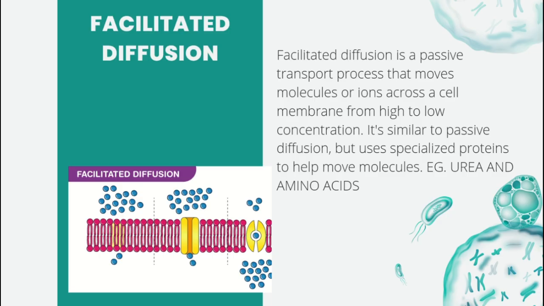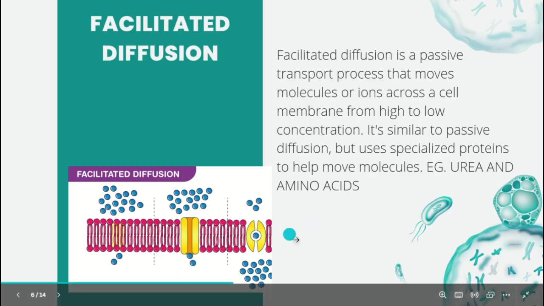Otherwise it's literally the same thing. In simple diffusion, molecules move from an area of high concentration to an area of low concentration. In facilitated diffusion, it's the same thing, but this time they use specialized proteins to help them get through the membrane.